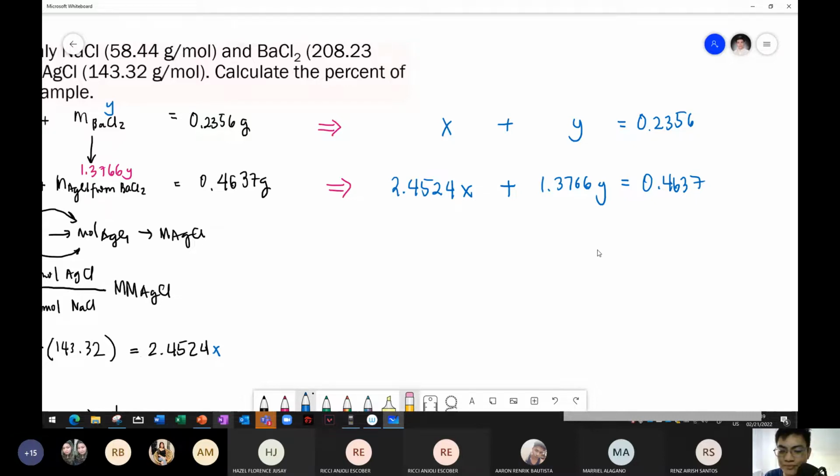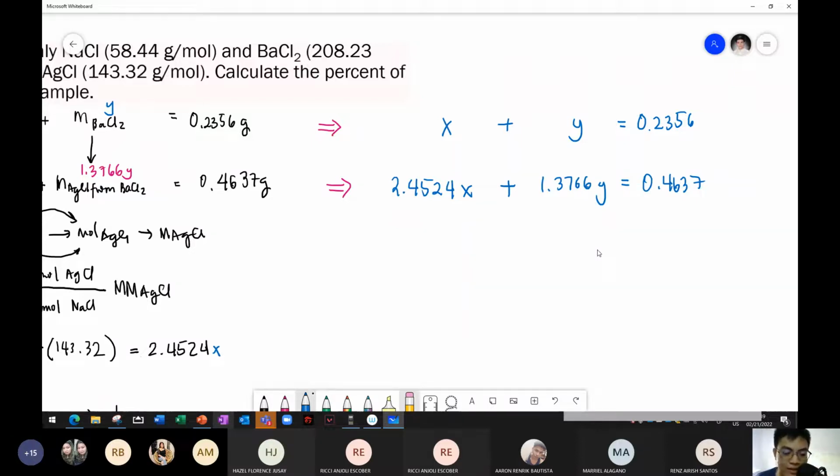Kanina, sa equilibrium, nung pindot lang kami ng equal sign, may sagot na lumabas using equation function ng calculator. So ngayon ituturo ko yung isa pang technique sa calcu. Okay? So sige, gawin na natin.